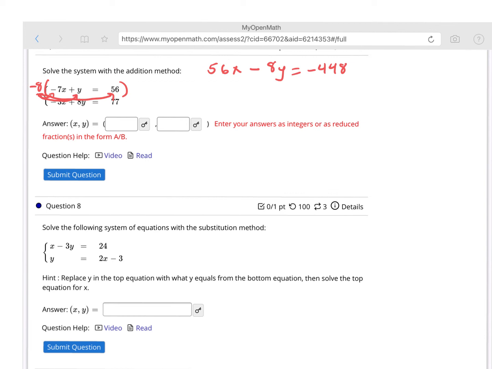So now the bottom equation didn't change at all, so that's still just -3x plus 8y is equal to 77.